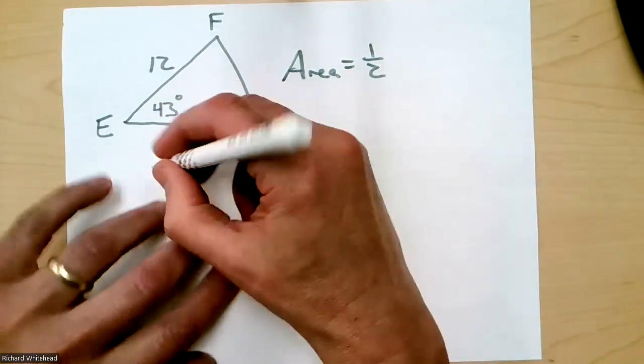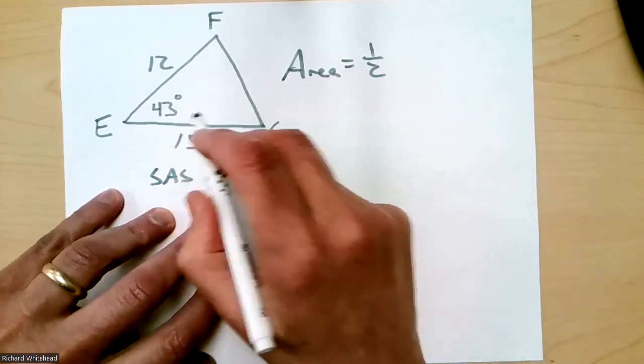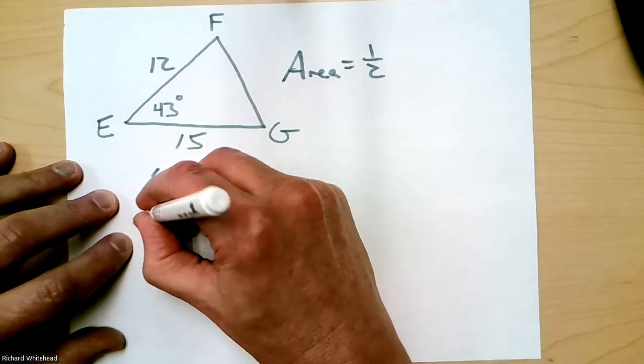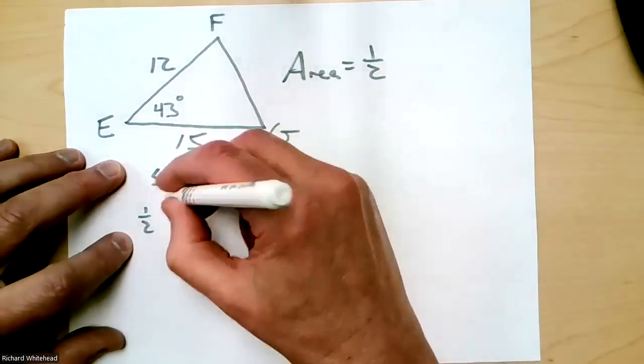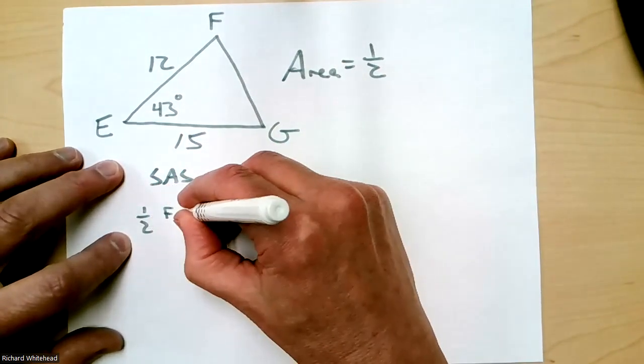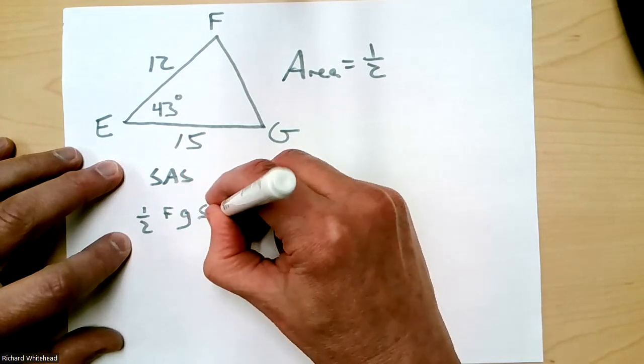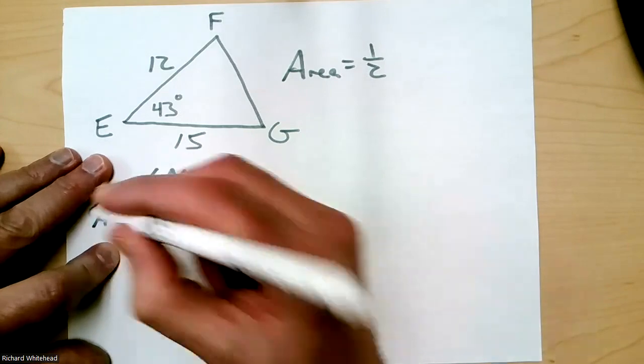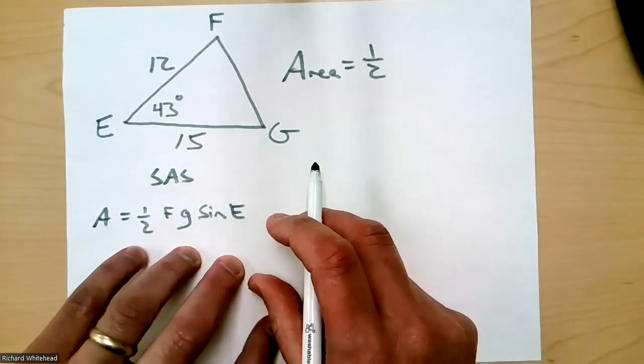Let me see, it's SAS. See, this is definitely SAS, but it doesn't say AB sine of C. Well, in this case, it would be 1/2 FG sine of E. So even though it doesn't say A and B, it still works out, okay?